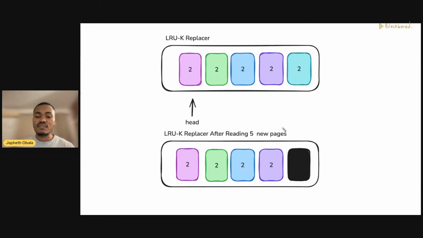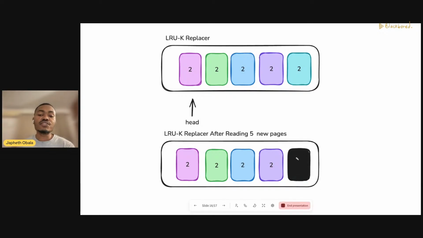So the first page will evict this frame here, but when we're reading the second page for that table, our replacement policy will come and say, okay, this frame is the least frequently accessed.